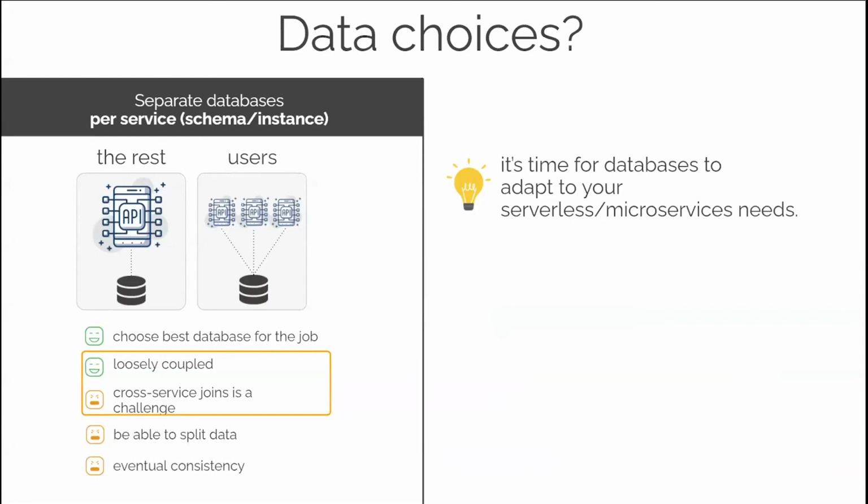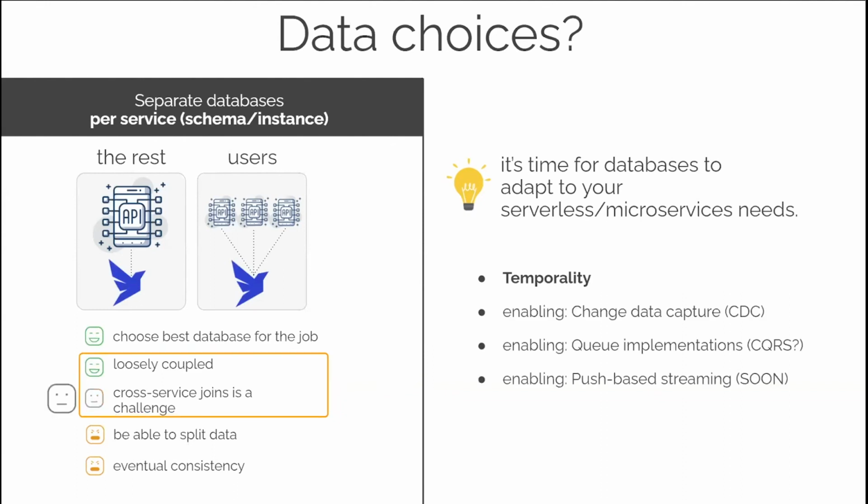And let's go back to the same idea as before. It's time for the database to adapt to your serverless and microservices needs. And for these two, that means Fauna could, for example, help you with the temporality. That means it enables change data capture. It enables the easy implementation of a queue. You could do CQRS without actually setting up a different queue infrastructure.